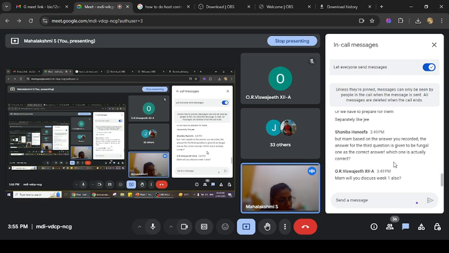Ma'am, based on the answer you recorded, the answer to the third question is given as fungal. That's the correct answer. Fungi is not a correct answer for physical and chemical means, because fungi is also a microbial, biological treatment process, and there should not be any biological substances.